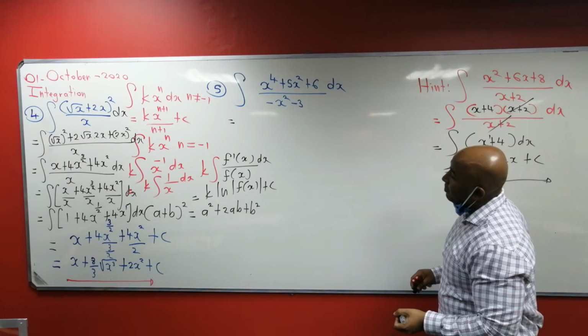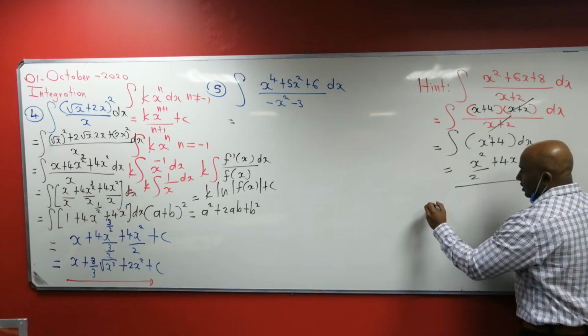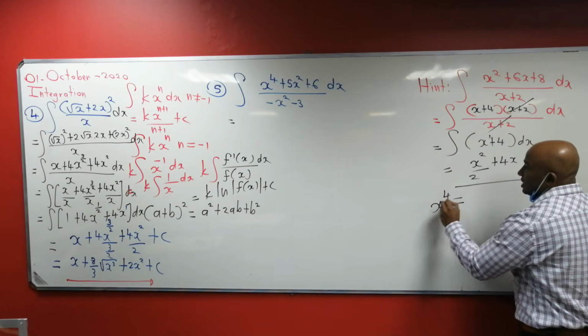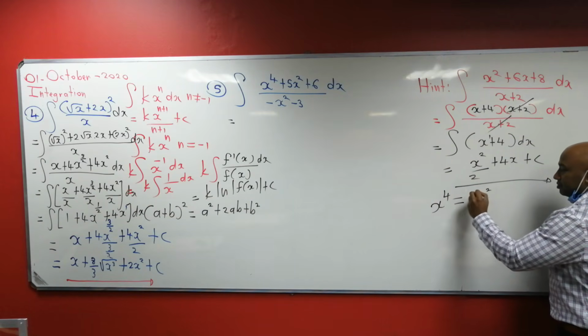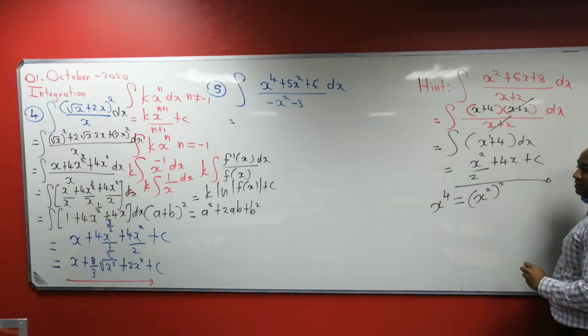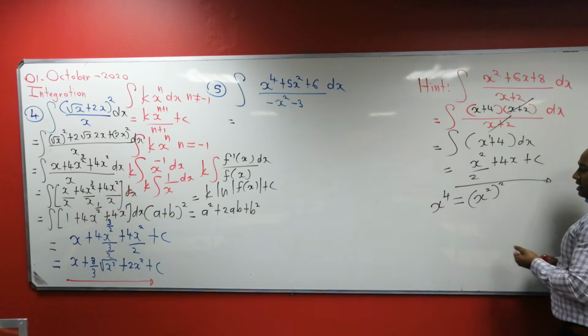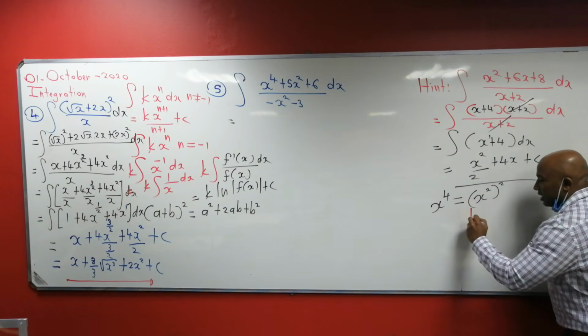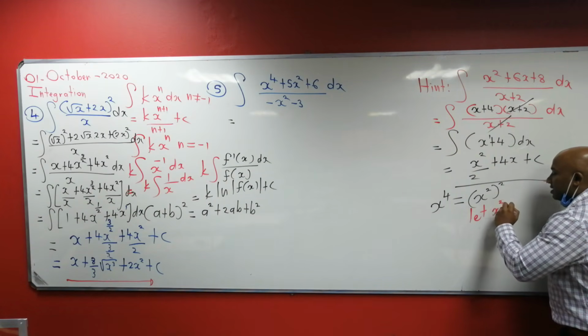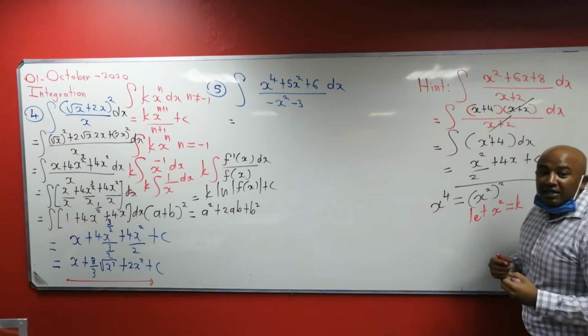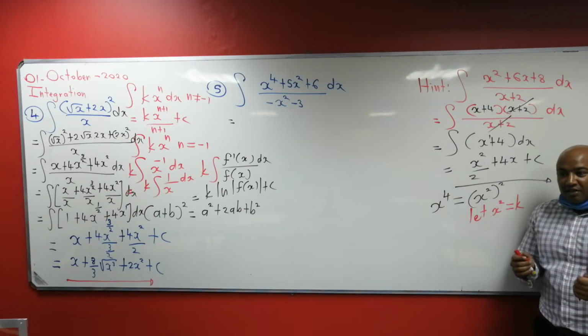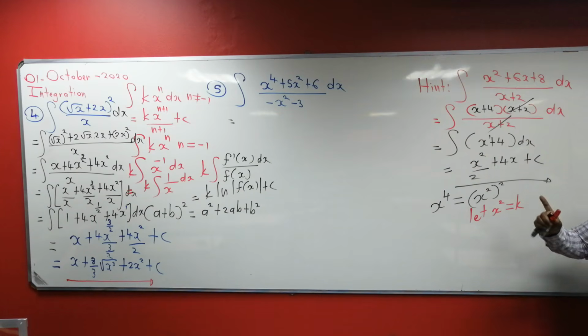You can do it in one step, or you got x to the power 4, which is the same as x squared all squared. Okay, so the whole idea here is to get the square. And what you can do is you can let x squared equal to k, although it's unnecessary, but it's a technique for you to use if you have a problem with the factorization. So what will happen there?